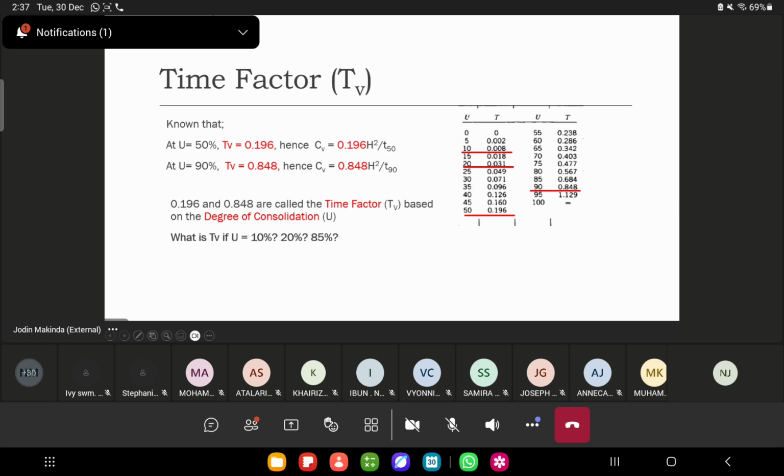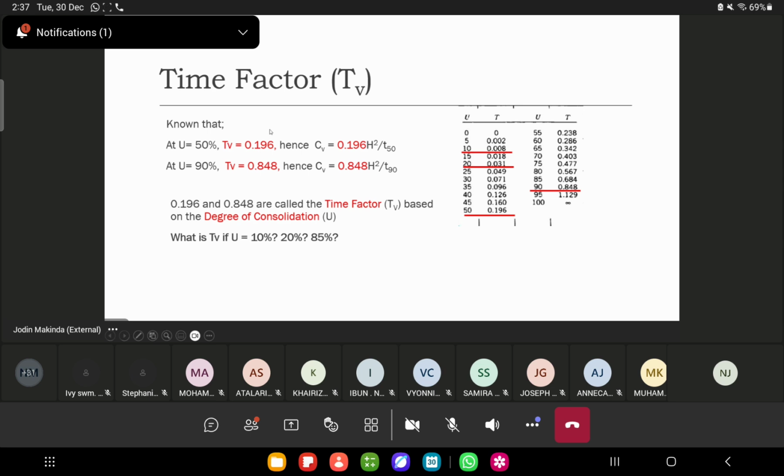Now, time factor is constant. In exam, time factor is usually given. Yeah. In exam, the value of the time factor is given. For example, at U 50%, maksudnya when the settlement is complete 50%, what is the time factor? The time factor is 0.196.